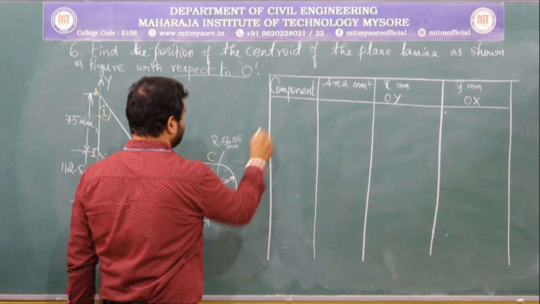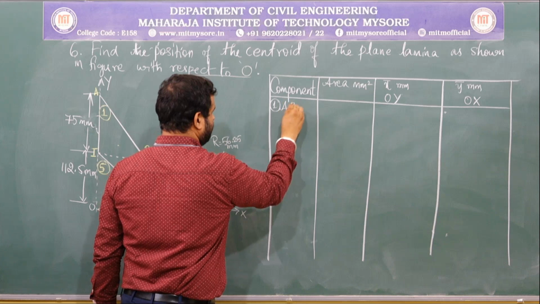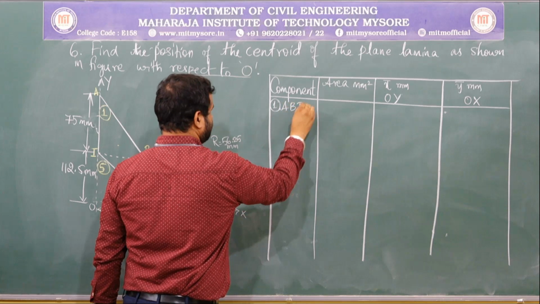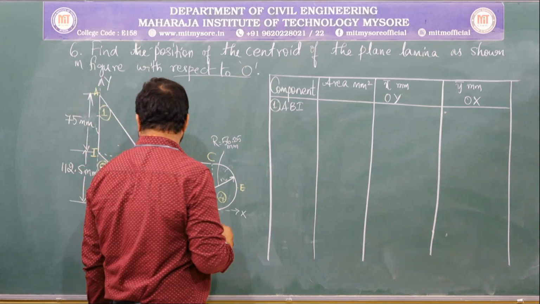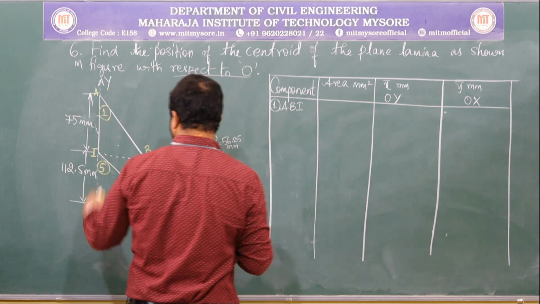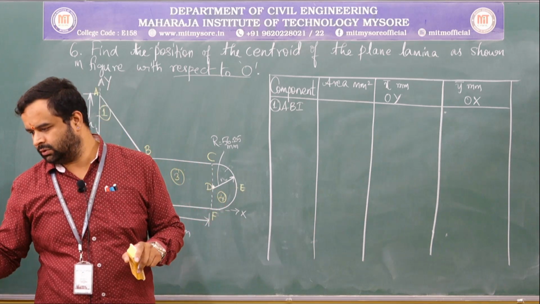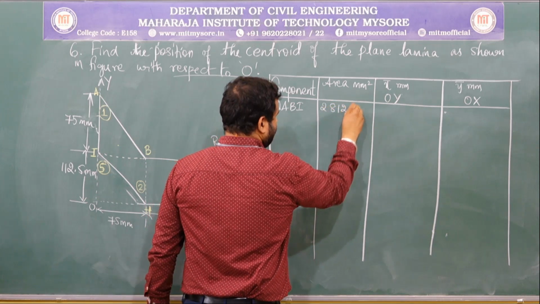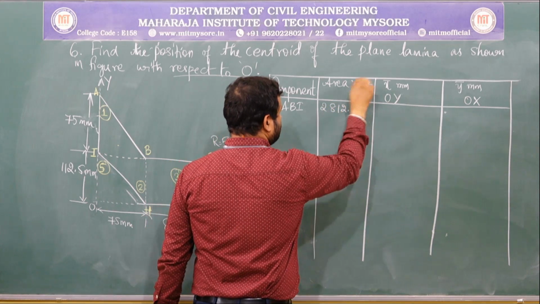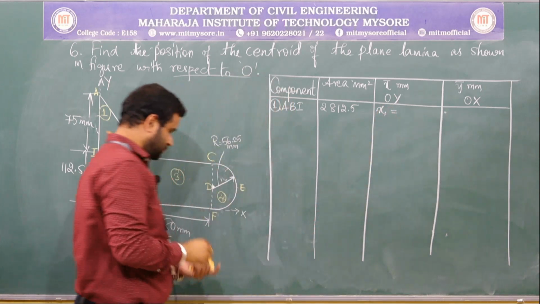So, component 1 is A, B and I. This is a right angle triangle and we have already calculated the area, half into 75 into 75, which is equal to 2812.5 mm square, and x1 is equal to.